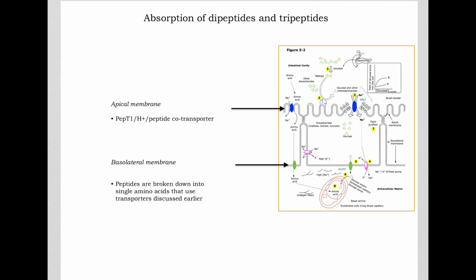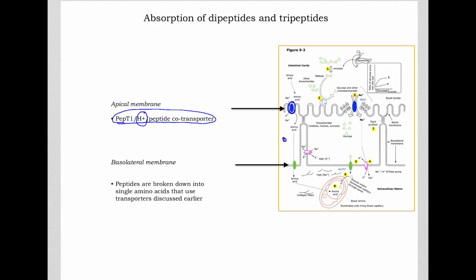There are also proteins that absorb or transport dipeptides and tripeptides. So on the apical part here, we have the PEPT1 proton peptide co-transporter. So this brings in not only the di and tripeptides, but it also brings in protons.